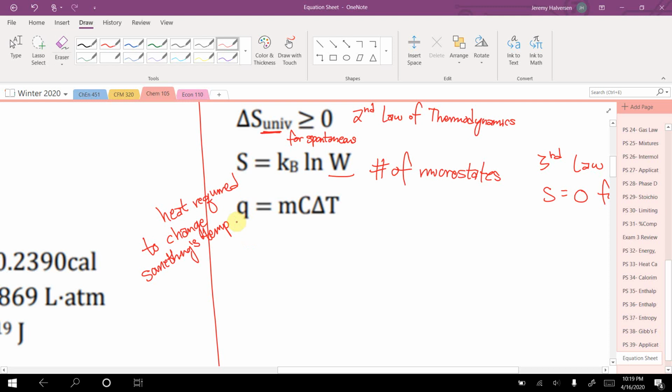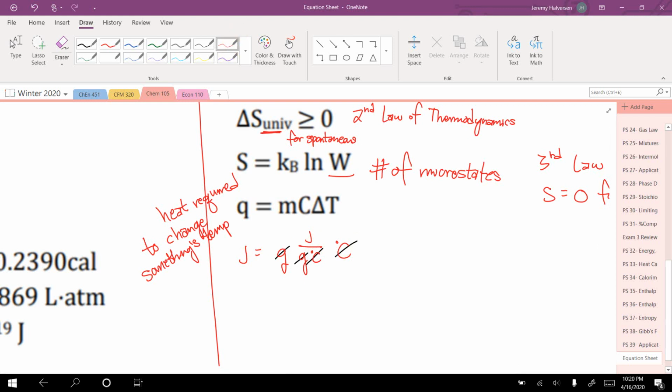Okay, so the heat required, so this is going to be joules, is going to equal the mass, which is grams, times the specific heat capacity, which is usually in joules per gram times degrees Celsius, times change in temperature, which is going to be degrees Celsius. And you can see there the units work out. Grams cancels grams, Celsius cancels Celsius, and I get joules equals joules.